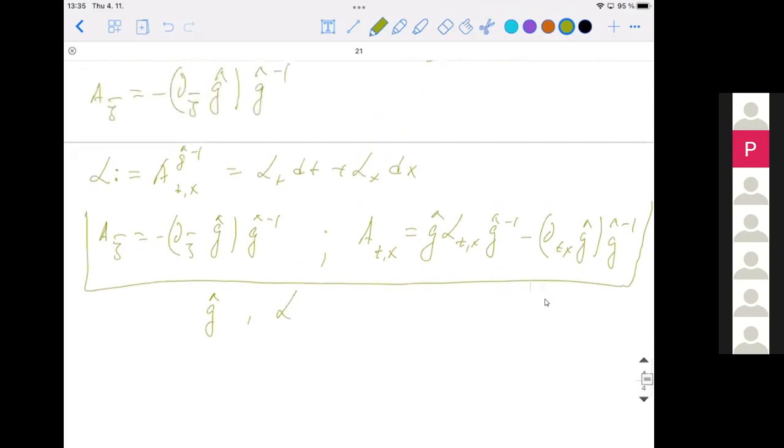Is there any reason why we put hats on G? What's the difference between G and G hat? G hat is kind of general, and then we can call G the particular case. I see, so it's just naming.